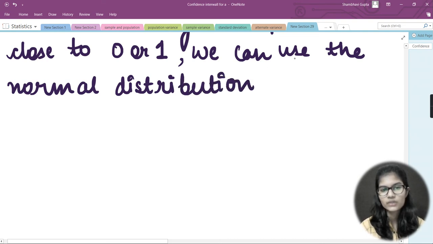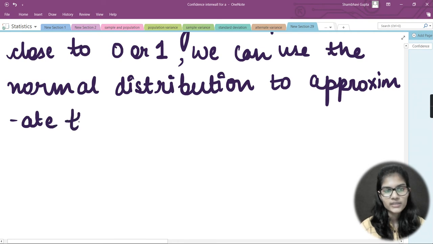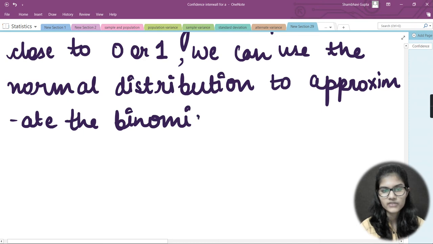Okay, we can basically use the normal distribution to approximate, I would just write approximate here, to approximate the binomial, right? That is here we have taken as p dash. Fine. So if this is the condition, that the value for n is large and the value for p is not close to 0 or 1, then you can use a normal distribution to approximate the binomial, right?